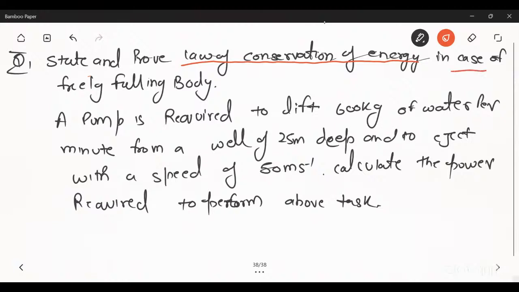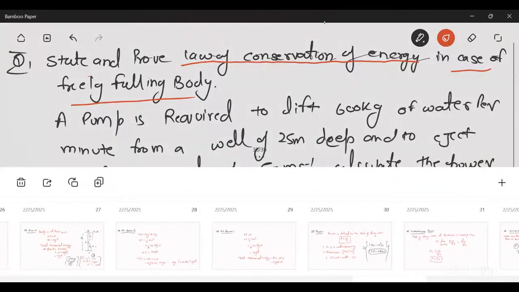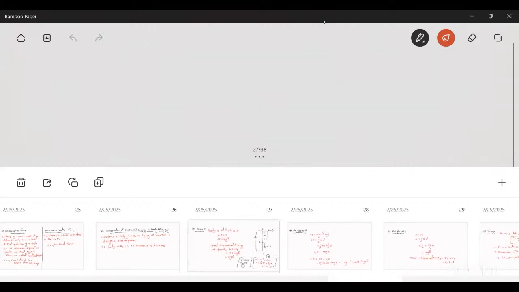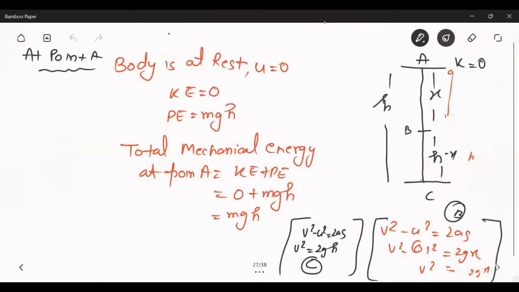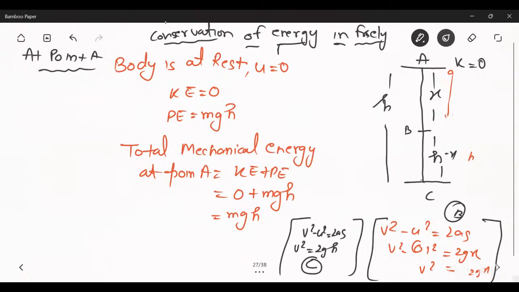Now, in the case of freely falling body, I have discussed it earlier, in which we have taken 3 points. So, conservation of energy in freely falling body.